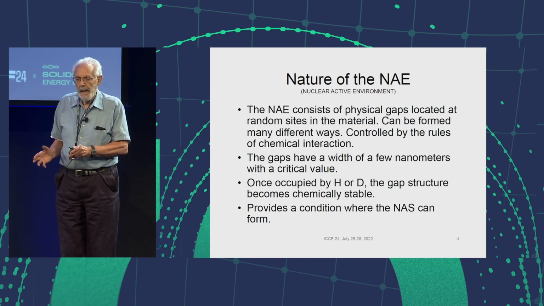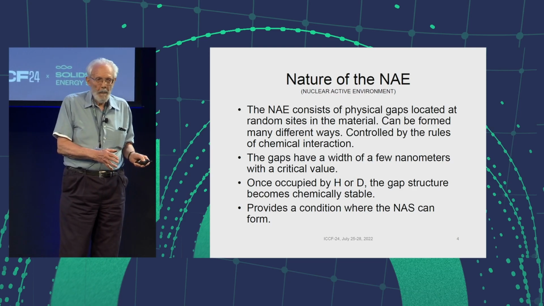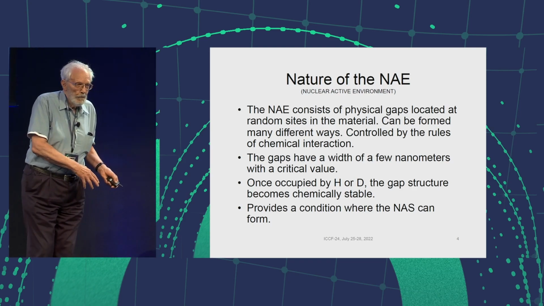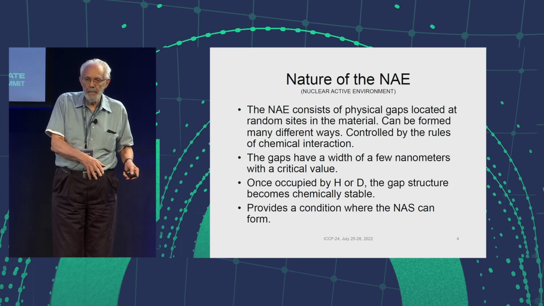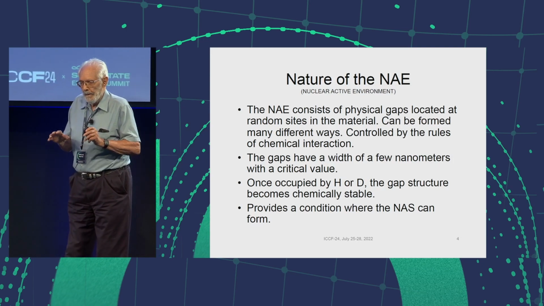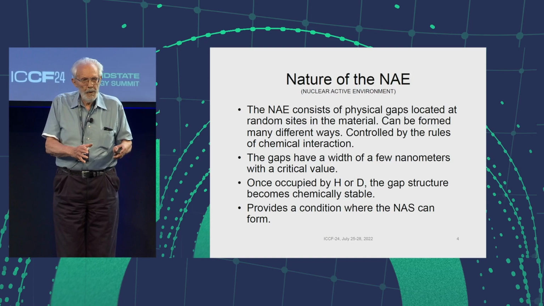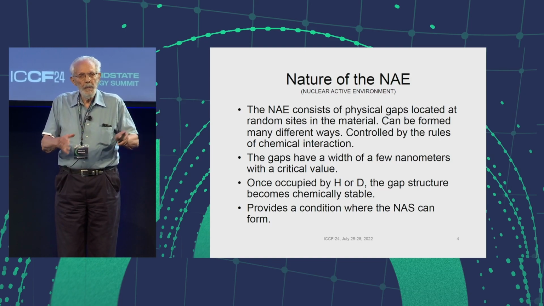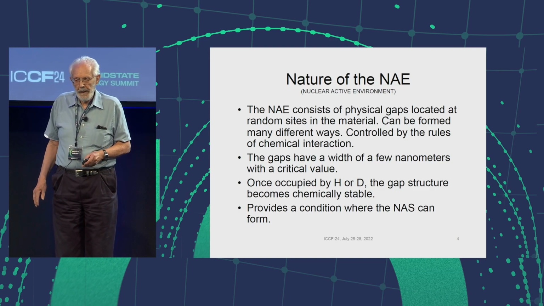And the reason for that is their occupation requires the loss of Gibbs energy. Now, for them to revert back to their original condition, that energy has to be resupplied, but it's not available. So fortunately, the condition in which cold fusion happens, once it forms, it's stable, and that's why we can continue to see the process for a significant length of time.